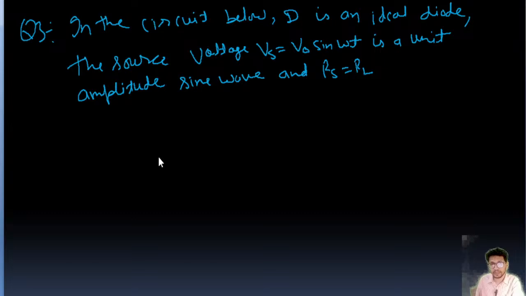Okay, so figure is given. I'll make it in next page.